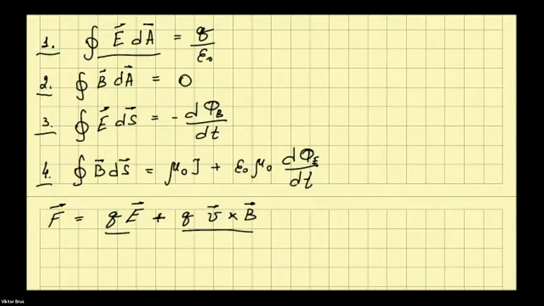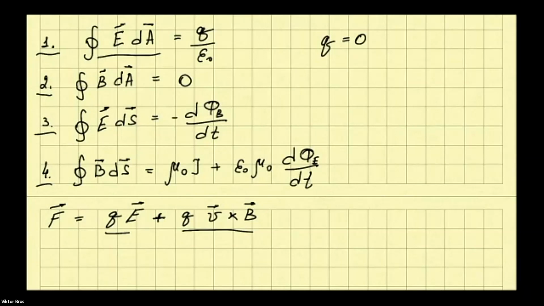We will do that in free space, which means not just vacuum with the electric constant of unity, but also a free space without any charges. So in our consideration, the electric charge will be equal to 0.